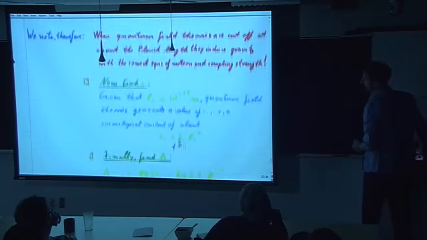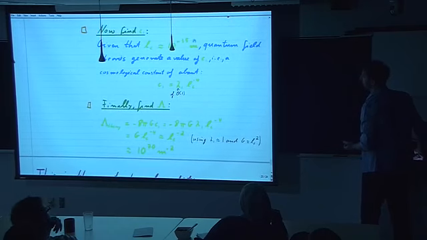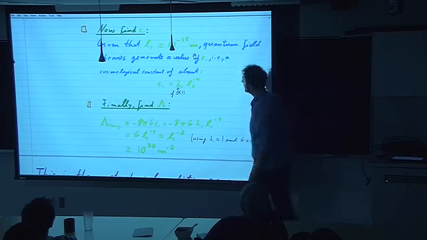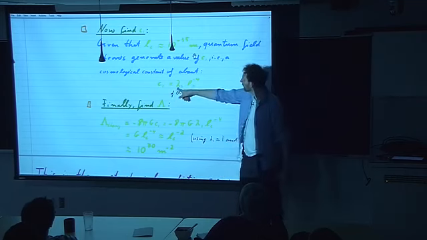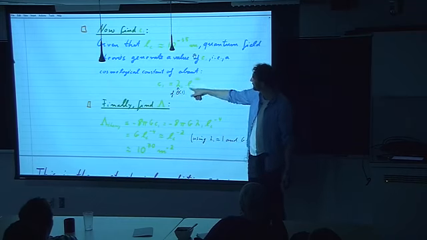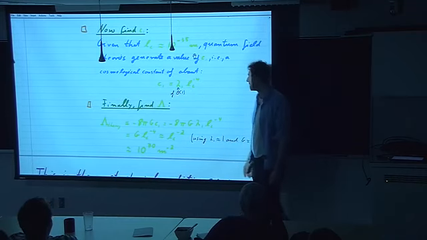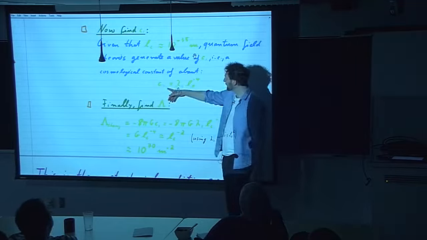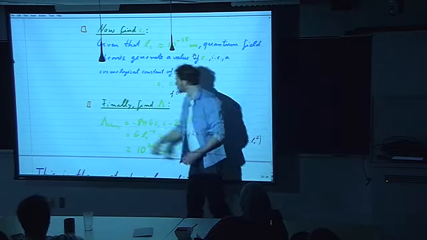But once we have that, we can now calculate what C1 is. See, if LC is 10 to the minus 35 meters, then C1, remember, was some number of order 1 times LC to the power minus 4. So now we can calculate what the expectation is for the size of the cosmological constant.